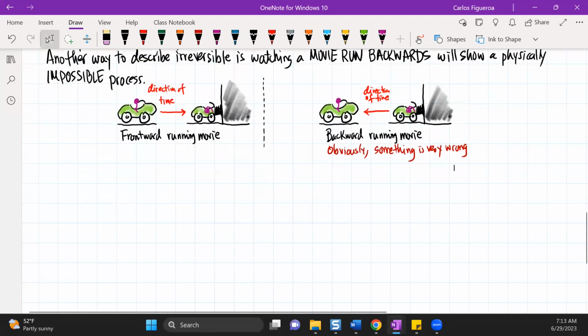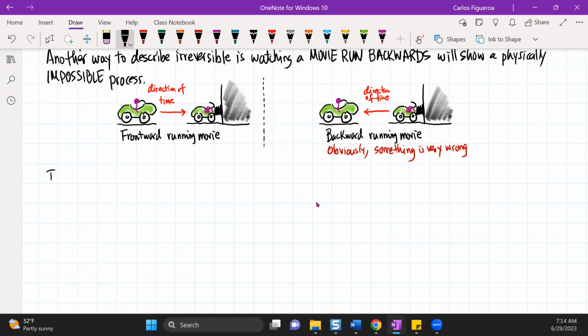So by looking at this, we could say that if a movie was made of this process and runs backwards, it clearly shows a physically impossible process.